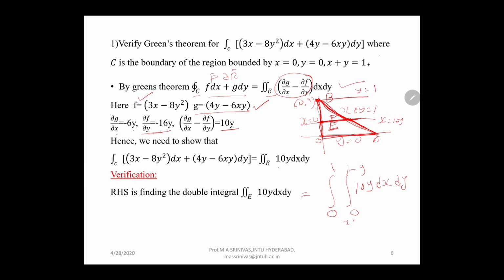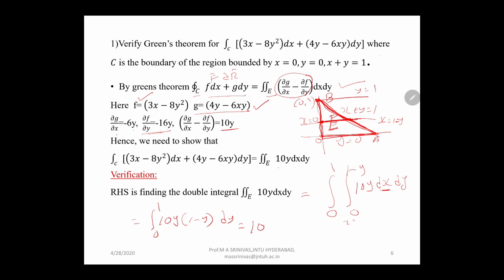So if I integrate, from 0 to 1, 10y is constant because I am doing the integration with respect to x. Integral of 10y is 10y into x. In place of x, I need to substitute the limits, those limits are 1 minus y, dy. If I integrate, 10 comes out.